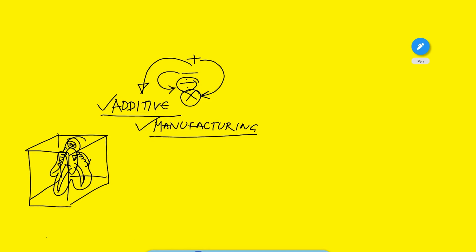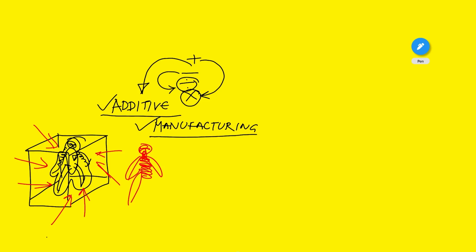I do it by removing material. I chisel, I break, I do whatever it is, and I get your Tony Stark completely with all the disruptors by removing lots and lots of material. This is the classical method known as subtractive manufacturing.